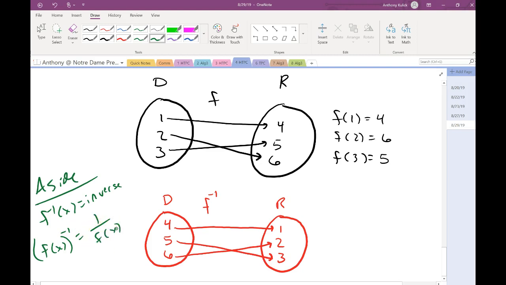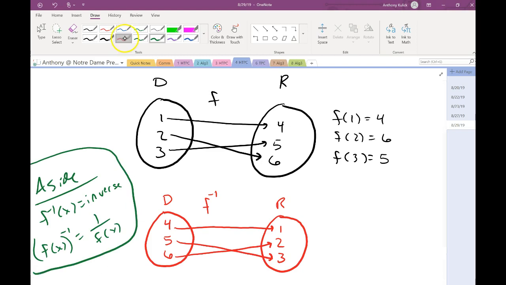So where you put that negative 1 means two different things. When it's attached to just the f, we're talking about an inverse. When it's wrapped around the entire f of x, that's when we're talking about the reciprocal. Everybody okay with that idea? That's just a little aside there.